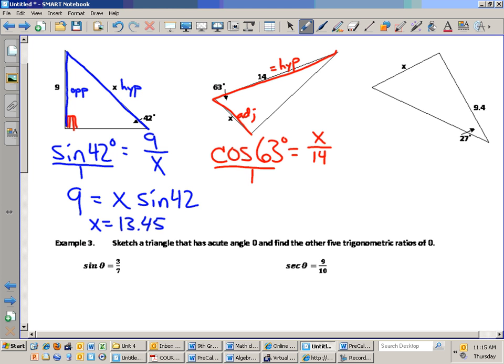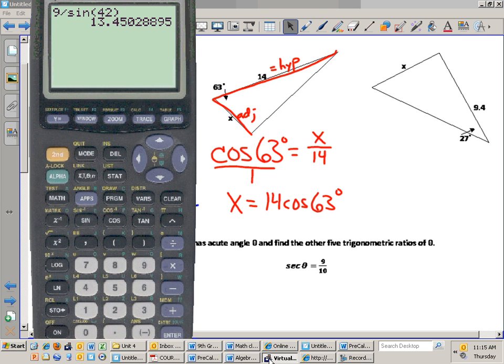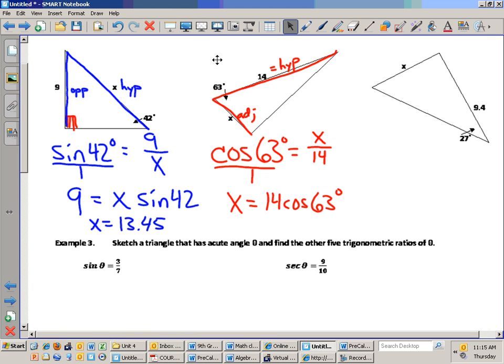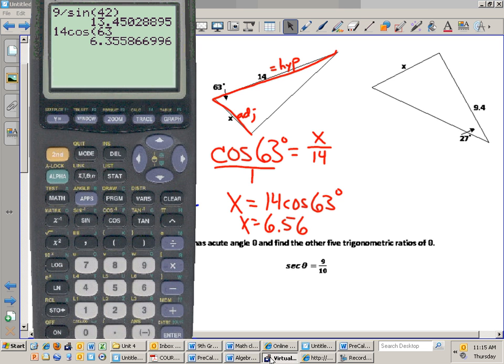I cross multiply and solve. x times 1 is x equals 14 times the cosine of 63 degrees. So I go to my calculator, 14 cosine of 63, and I get 6.56. What? I'm sorry, 3.6.